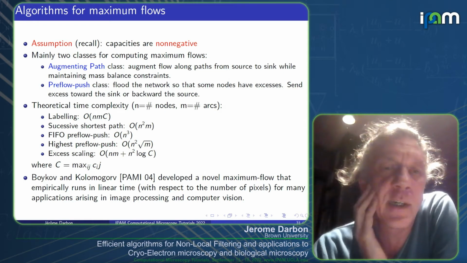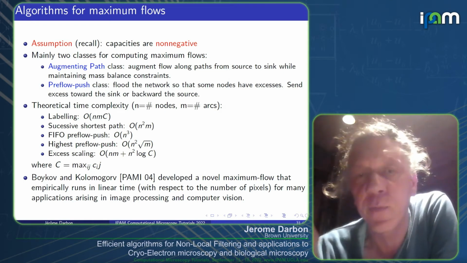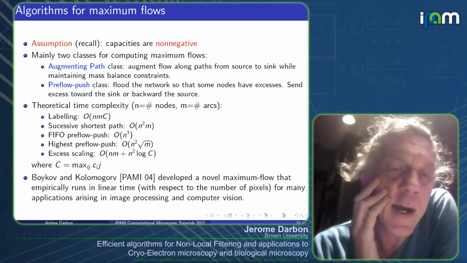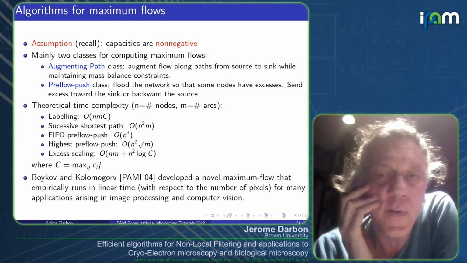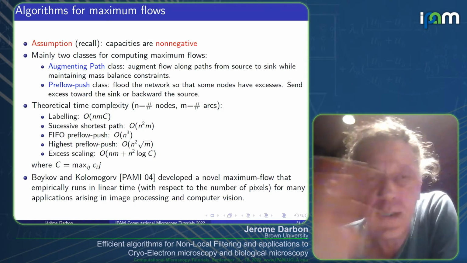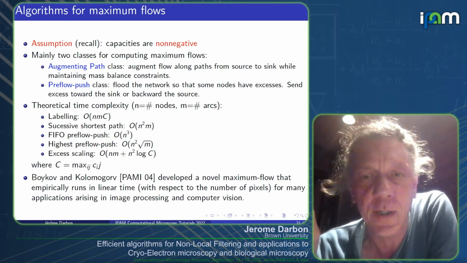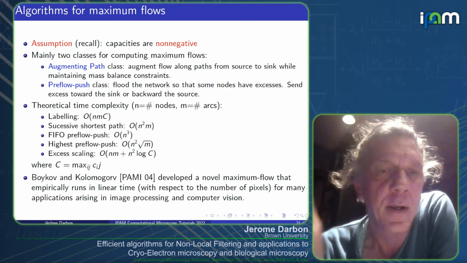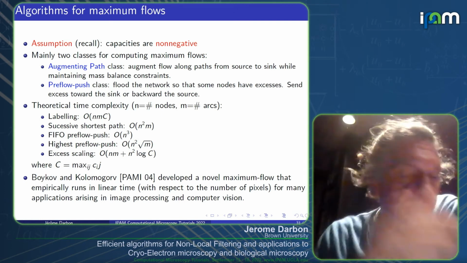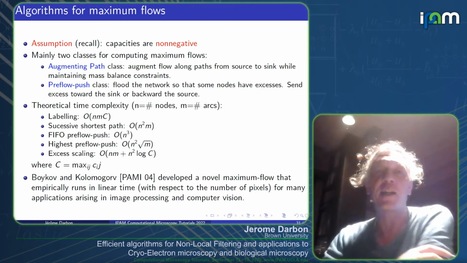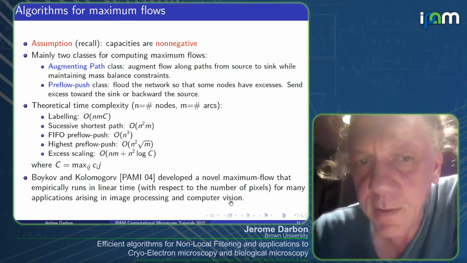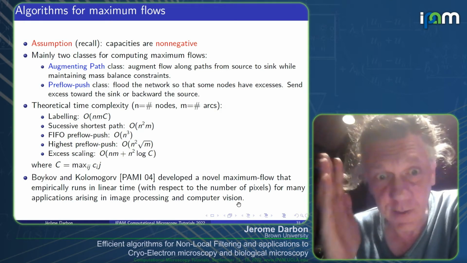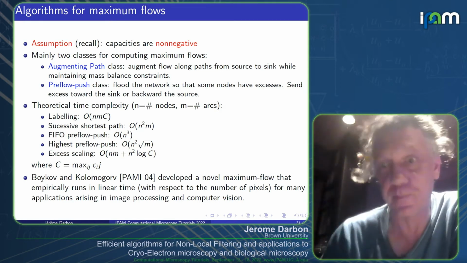So in terms of theoretical complexity, it would be a terrible algorithm. But we don't know why it runs so fast for all problems that we are dealing with in computer vision and image processing. It runs in practice in linear time. So this is one of the big mysteries that puzzles me at night sometimes, why it is so efficient. The good news is in practice, every time we run it, it's linear.